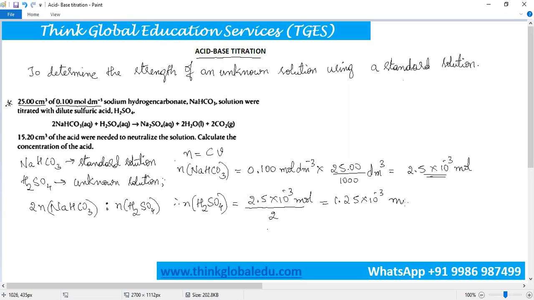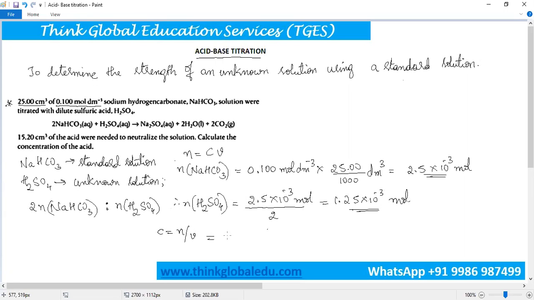Once we obtain the number of moles of an acid used, we can determine its concentration by using the formula C = n/V.